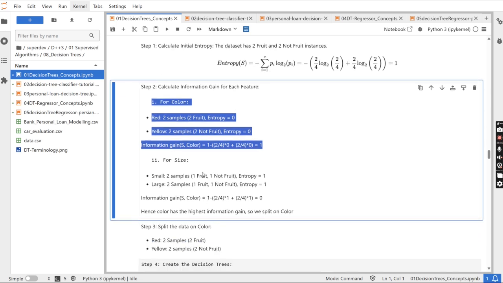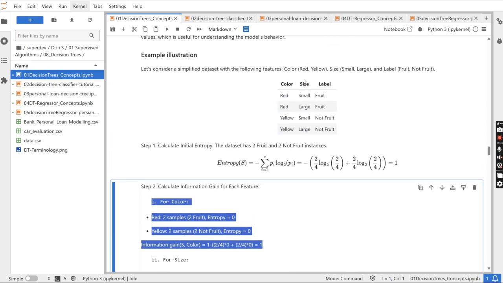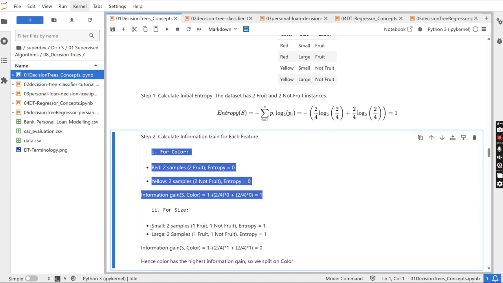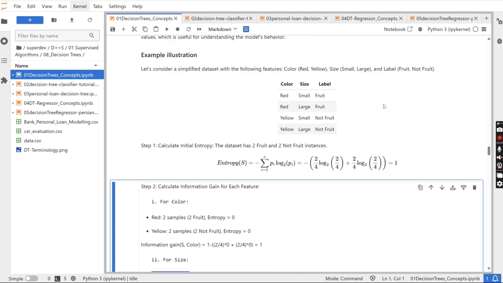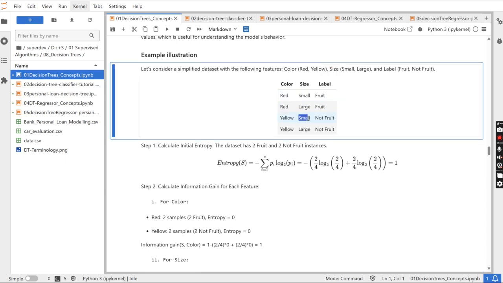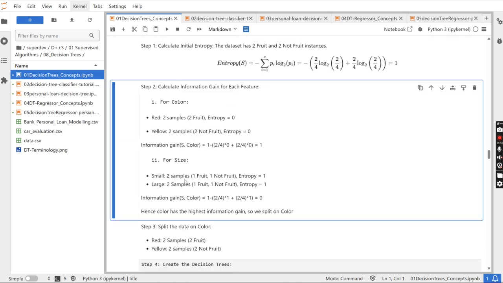Understood? Next is size. For small, there are 2 samples: one is fruit, one is not fruit. For large, again 2 samples: one is fruit, one is not fruit. Entropy is again 1.